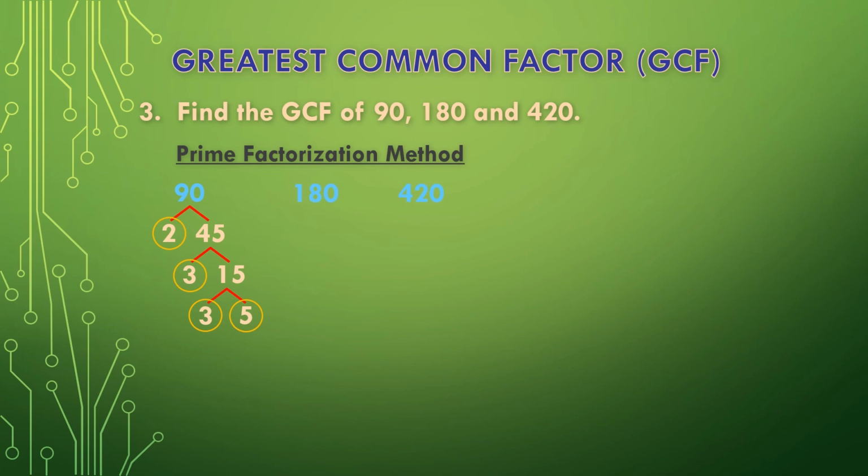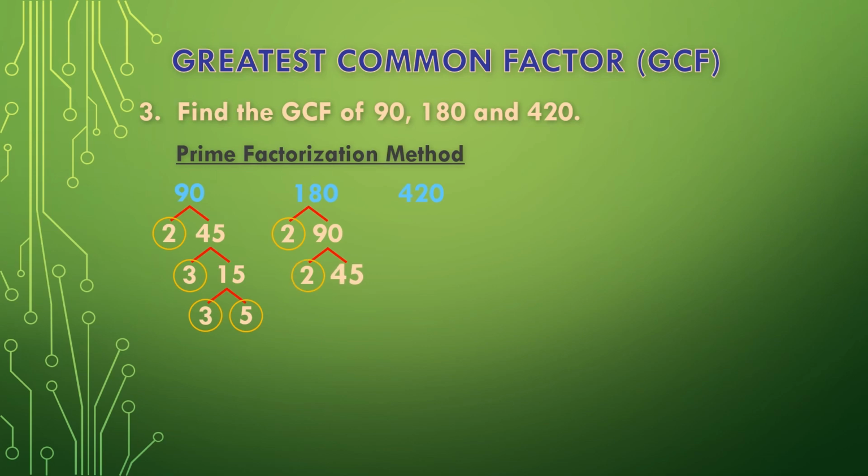Let's move on to 180. 2 times 90 is equal to 180. 2 is prime, so let's encircle it. Now, let's factor 90 into 2 and 45. 2 times 45 is equal to 90. 2 is already a prime number, so let's encircle it.